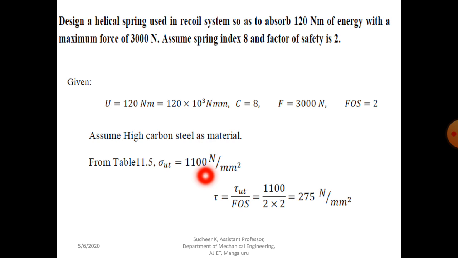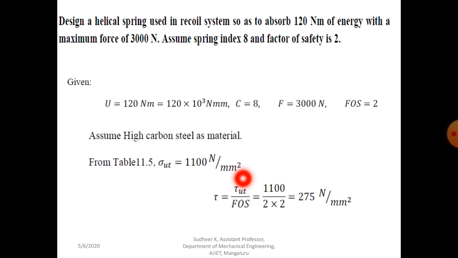Once you get that, you can easily calculate shear stress in the material by multiplying by 0.5, because shear stress is usually 0.5 times allowable stress. So tau can be written as tau ut divided by FOS.